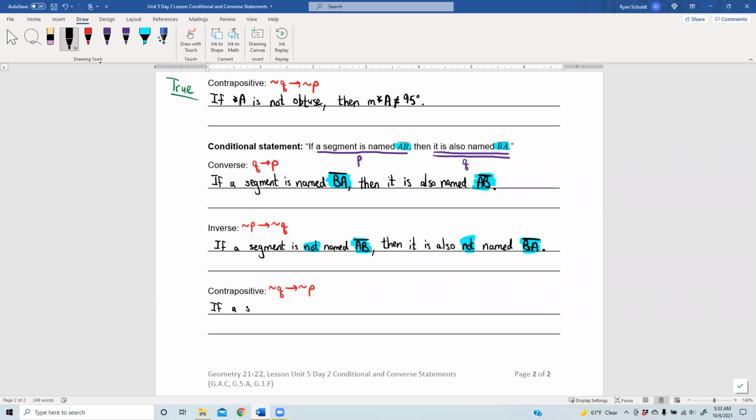If a segment is not named BA, then it is also not named AB.